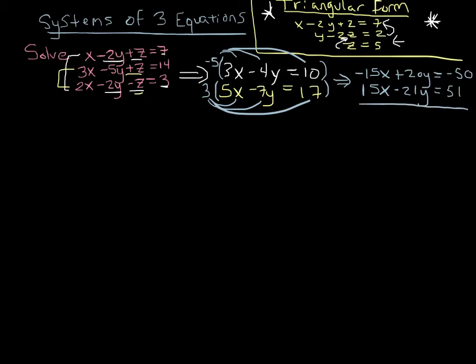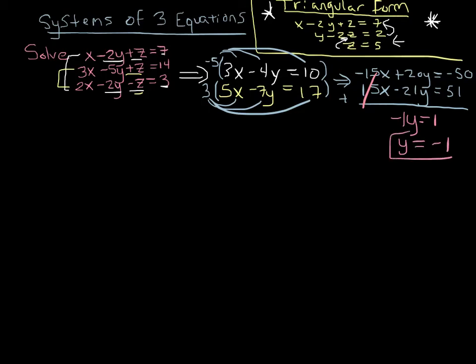And this is a great position to be in, because now if I add those equations, the x's will eliminate. So those eliminate, and now I get 20y plus a negative 21y is negative 1y. Negative 1y equals 1, which means that y equals negative 1.